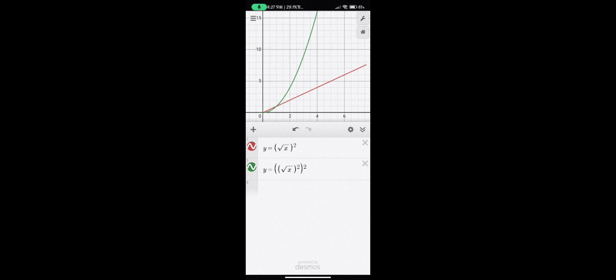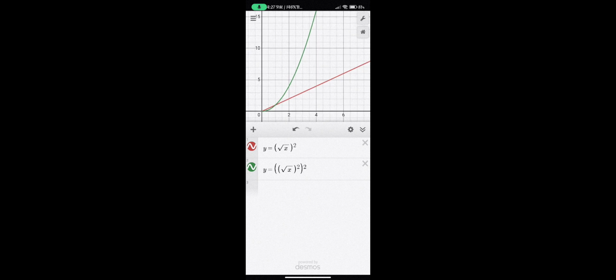X square. Yeah, square. Now see, this is the first straight line, y is equal to x, the first red one. This is y is equal to x square.